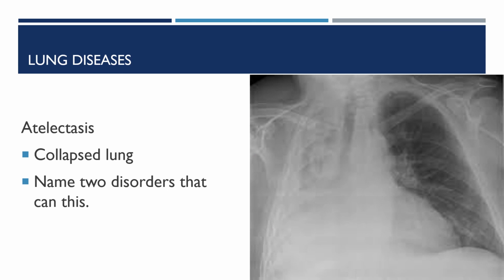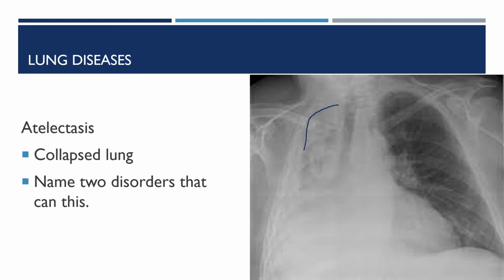Okay, atelectasis. Now we've kind of talked about this when we've talked about other disorders, but atelectasis itself is called a collapsed lung. So if you look at this x-ray, what's missing? Right. We can't see the lung on the person's right side.